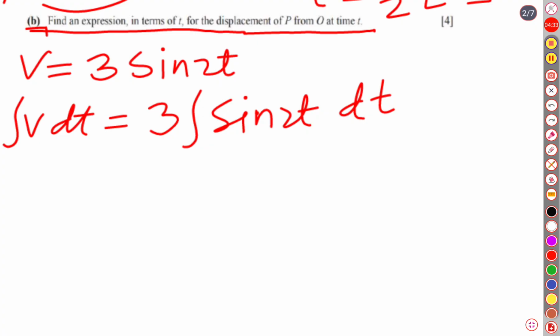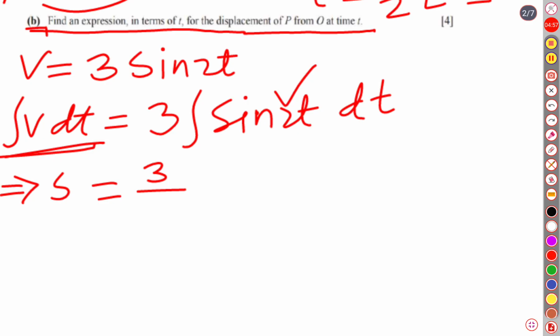So the integral of velocity is the displacement, and the notation for displacement is s. So we will write s is equal to, and you know how to do integration of sinusoidal functions. First of all, we will divide the coefficient 3 by this 2, and if sine is integrated, it will be negative cos 2t.